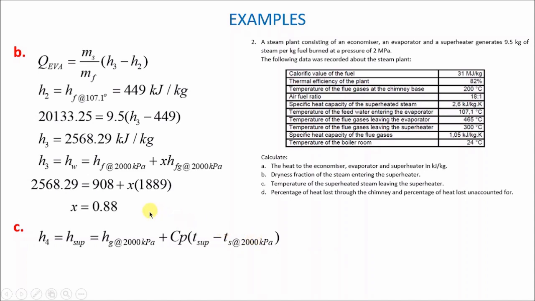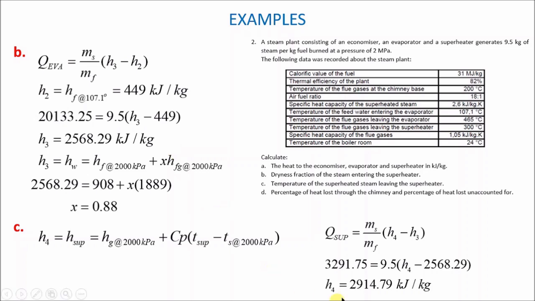Right now we do not yet have H4. We do not know what H4 is. We need to find H4 first, and then we will replace H4 in this equation, and we can then solve for T sup. So let us begin by finding H4.